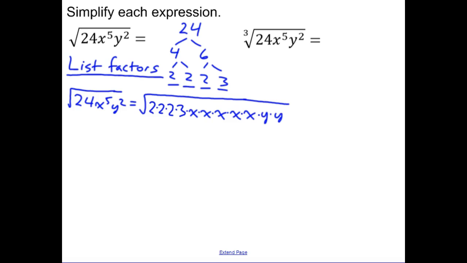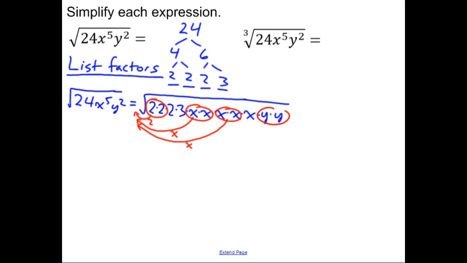Next, I'm looking for pairs of the same value that I can pull out from underneath the square root sign. I see that I've got a pair of 2's, so I can pull that out as a single 2. I have a pair of x's, and I can pull that out as a single x. I have another pair of x's, and I can pull that out as well as a single x.